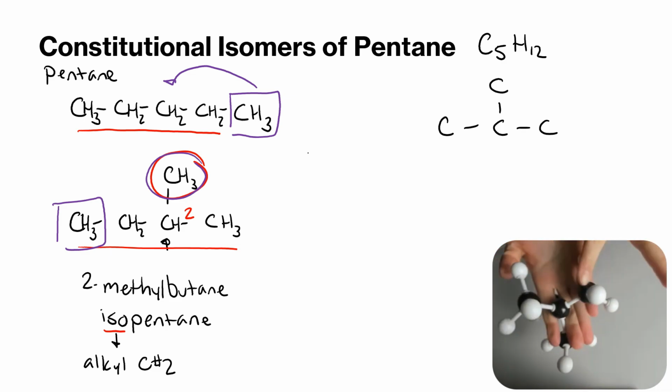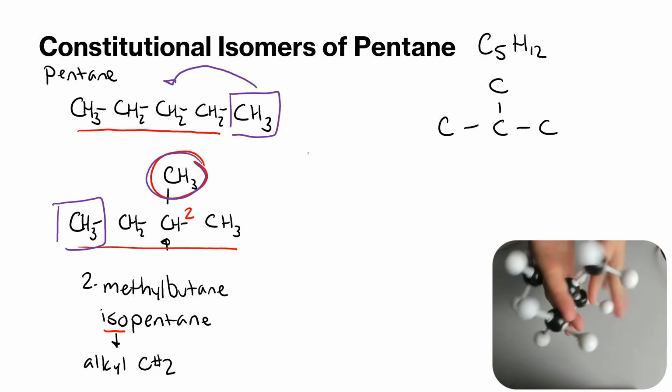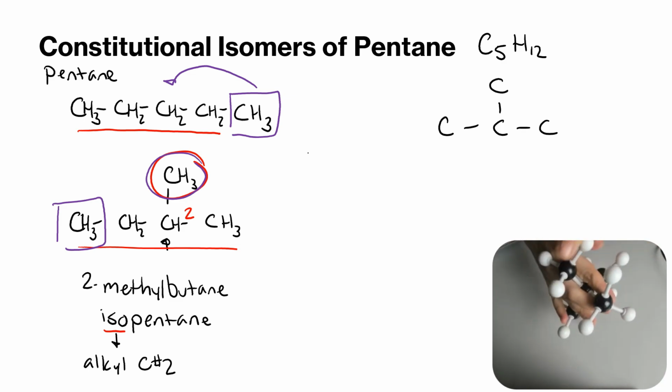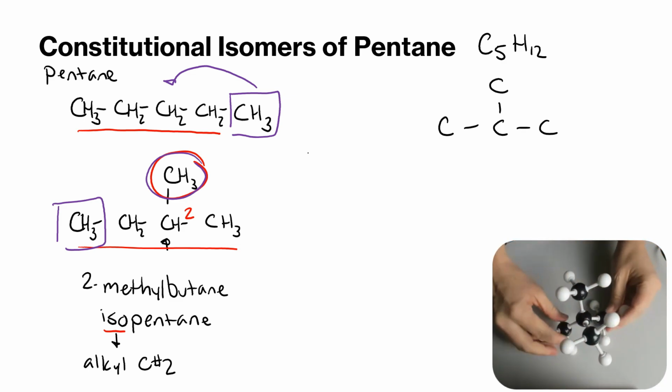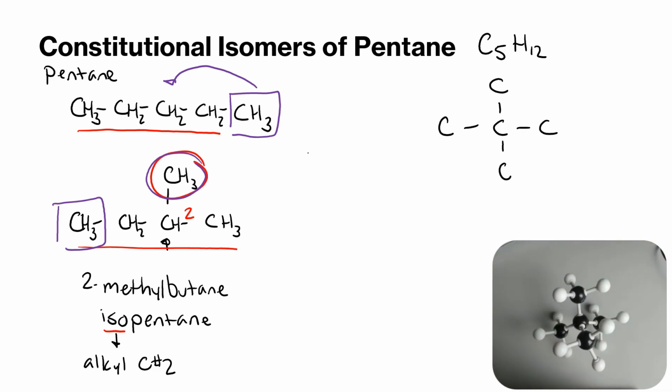That allows for that propane parent chain that has two alkyl substituents. We still have our 5 carbons. Go through and put our hydrogens in. The carbon that was originally disubstituted, then became trisubstituted, is now quaternary substituted.